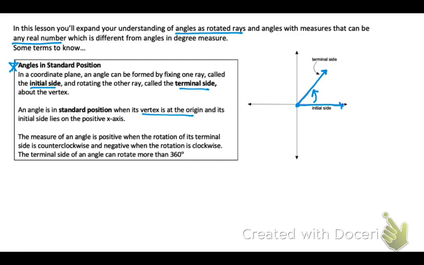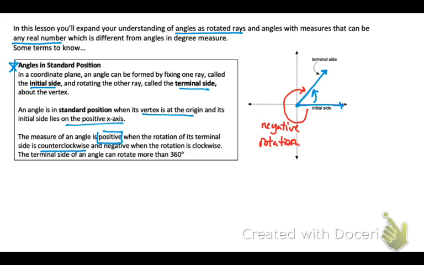Now we could think of an angle rotating the other way. So that angle could actually be rotating that way, and that would be a negative rotation. And we would give that as a negative angle measure in degrees right now.